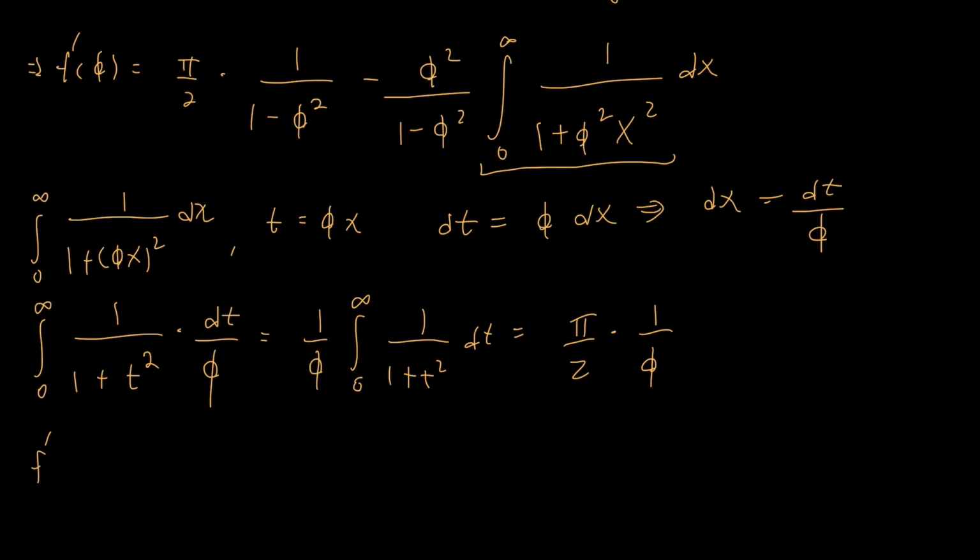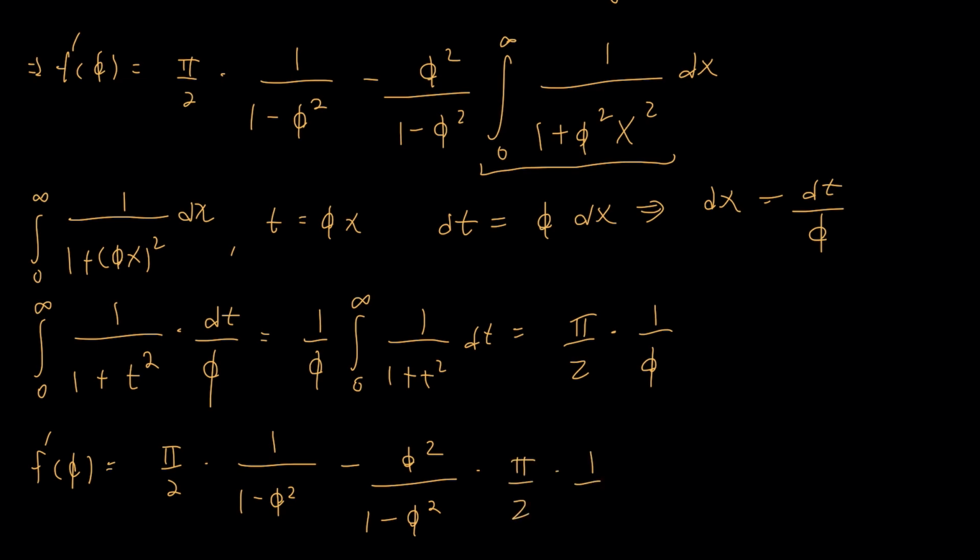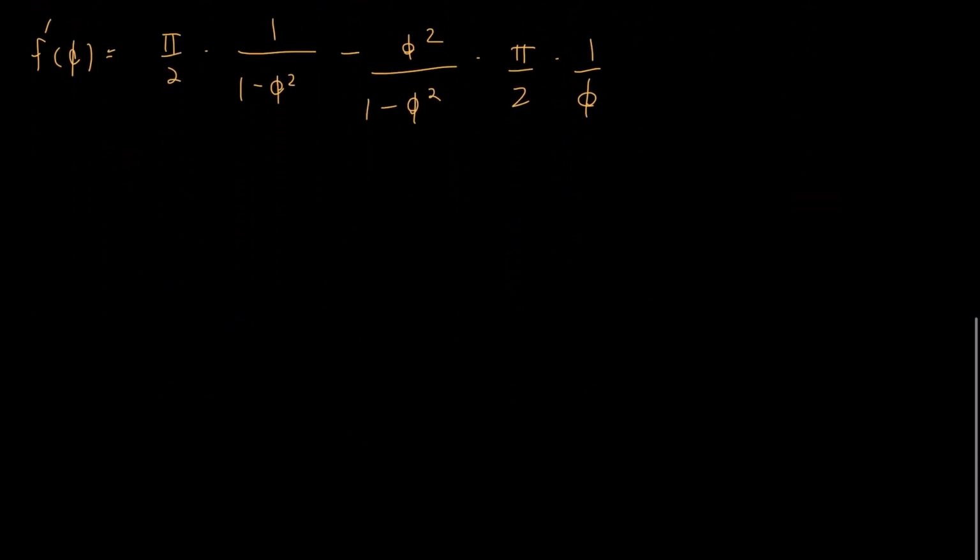So we have f prime of phi is pi over 2 times 1 over 1 minus phi squared, minus phi squared divided by 1 minus phi squared times pi over 2 times 1 over phi. And one of these phi's ends up canceling, and we can factor out a pi over 2.